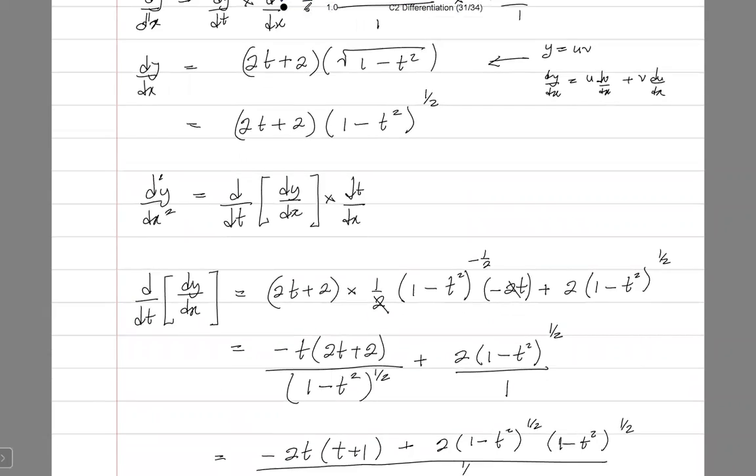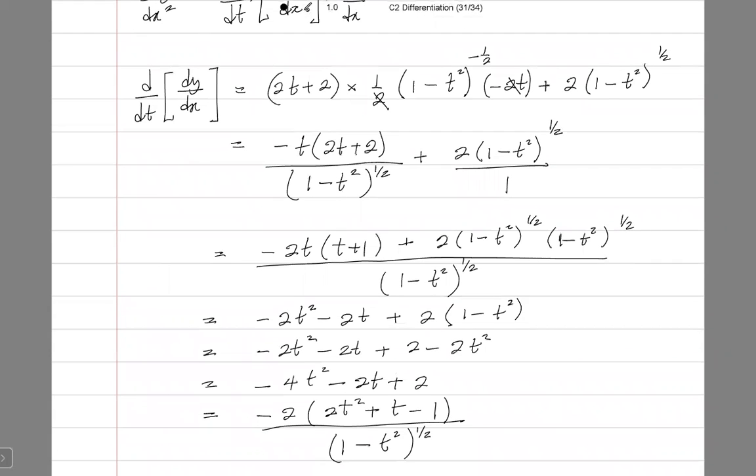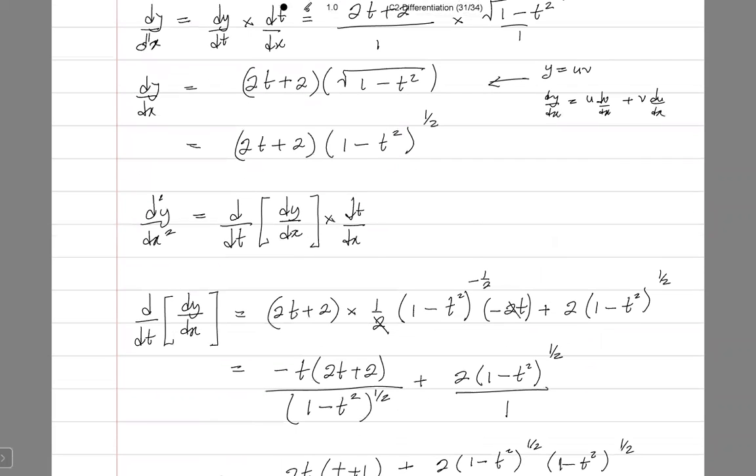So what we have now is we just differentiate dy by dx with respect to t. We now need to multiply this by dt by dx.